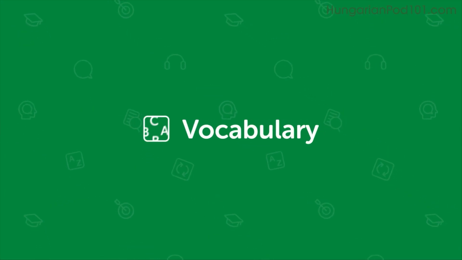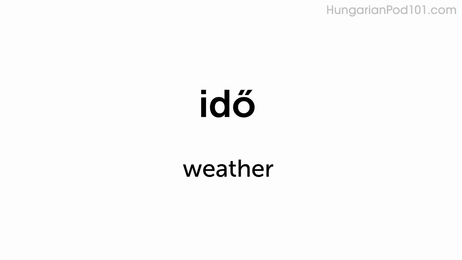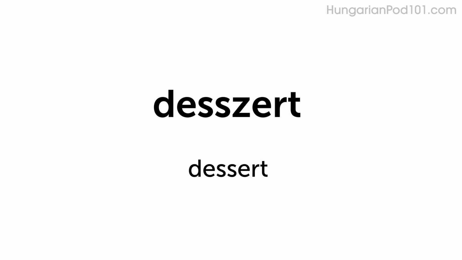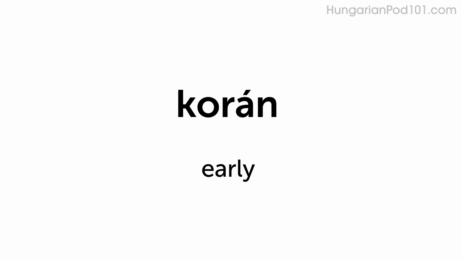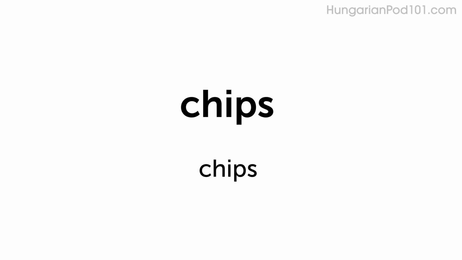Now you'll hear the key vocabulary, followed by the English translation. Idő. Weather. Desszert. Dessert. Korán. Early. Chips. Chips. Pia. Booze.